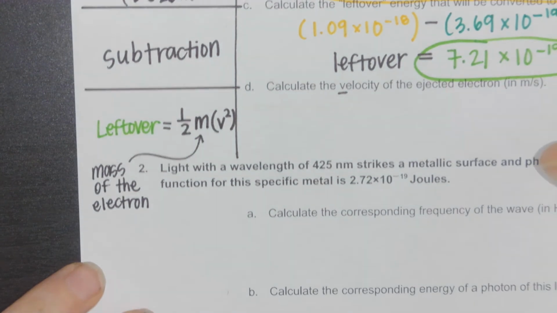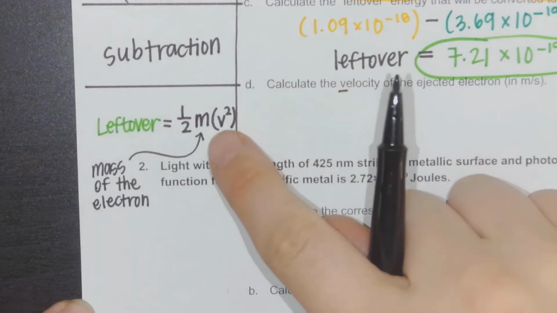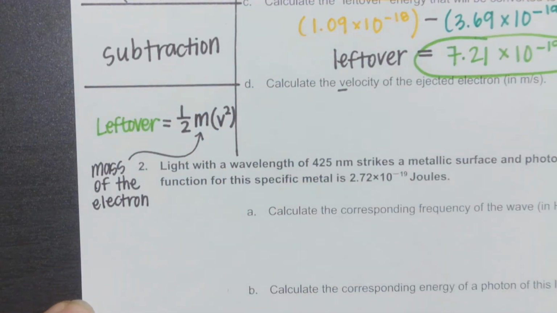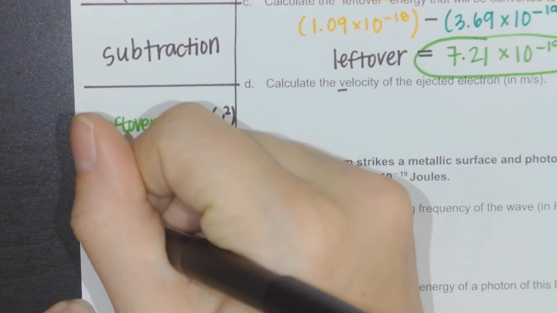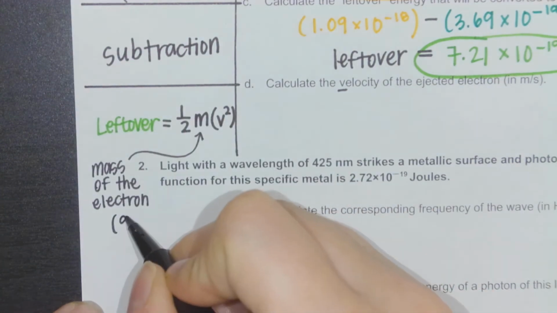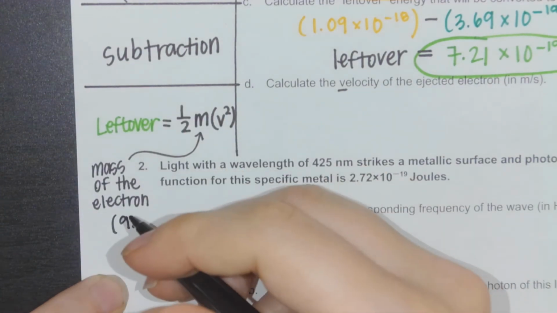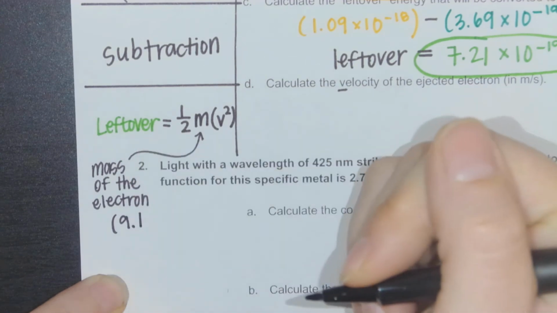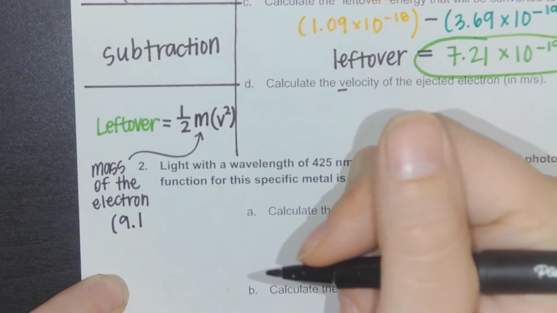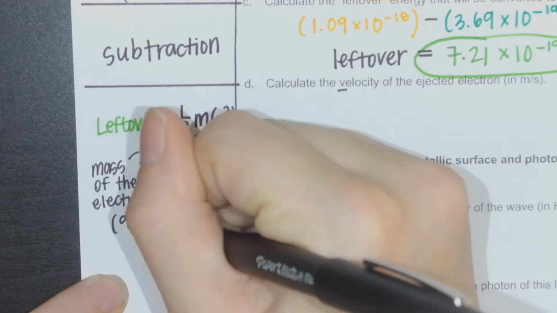And every single time, for all of the masses, every single electron in the world weighs 9.1 times 10 to the negative 31 power.